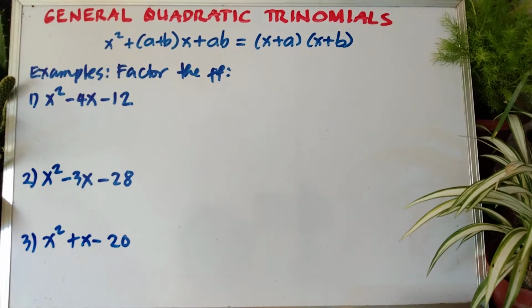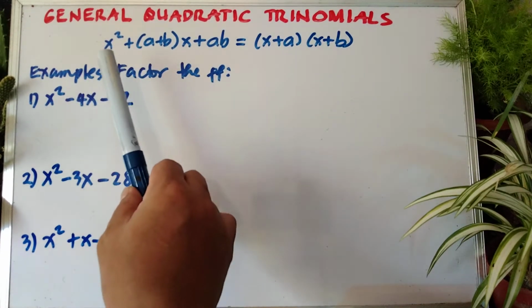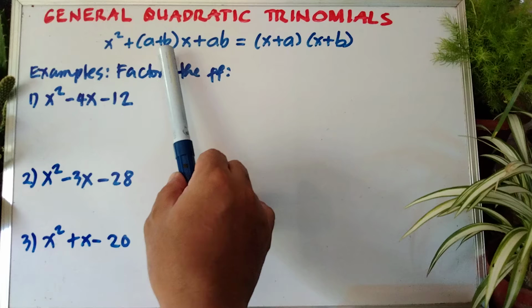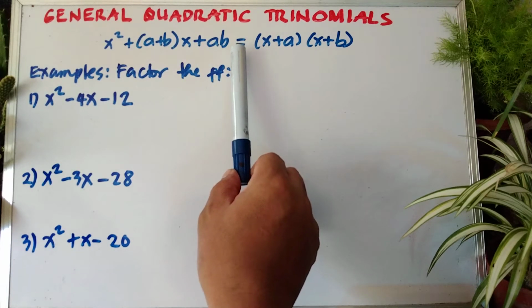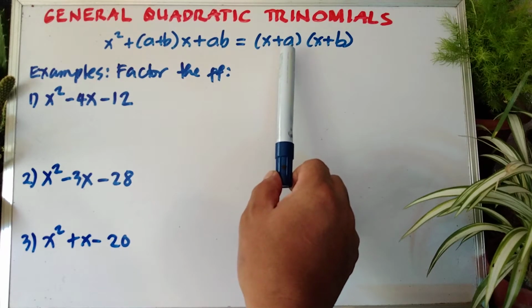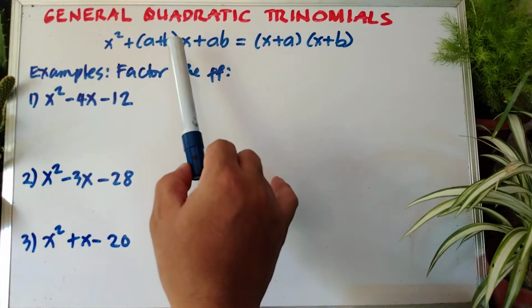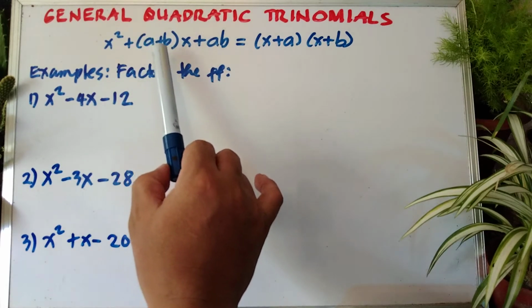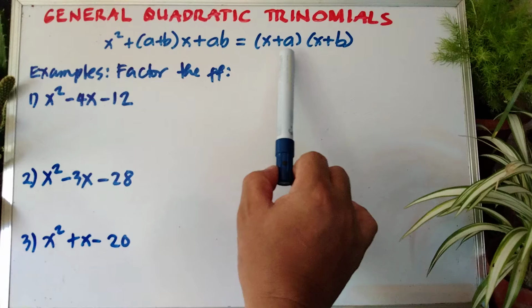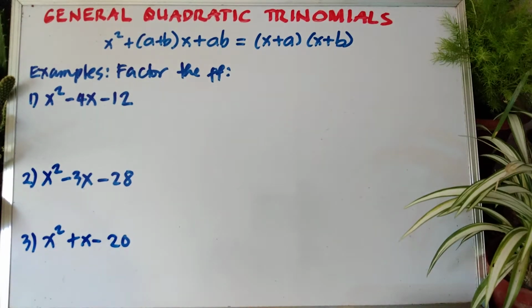Suppose you're given a trinomial of this form, x squared plus (a plus b) x plus ab is equal to the product of (x plus a) and (x plus b). Meaning to say, the factored form of the trinomial is equal to the right side. So how can we possibly obtain the factored form of this type of polynomial?